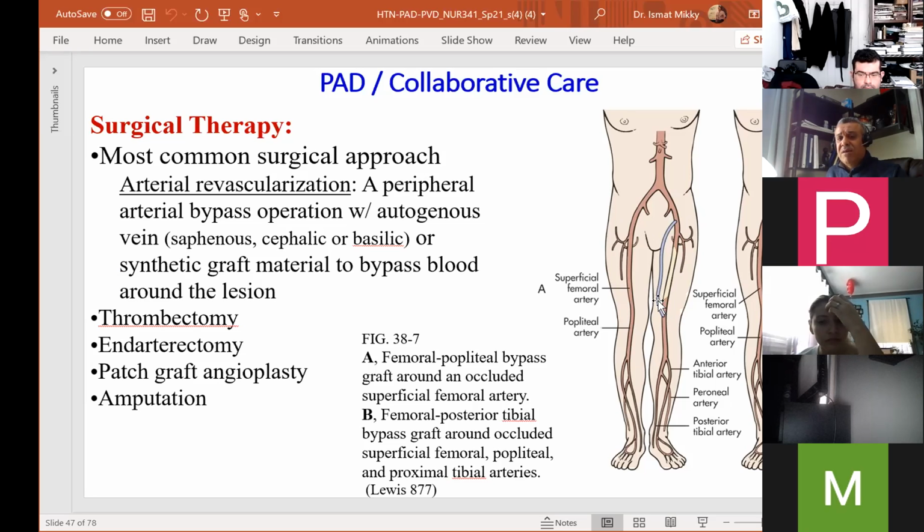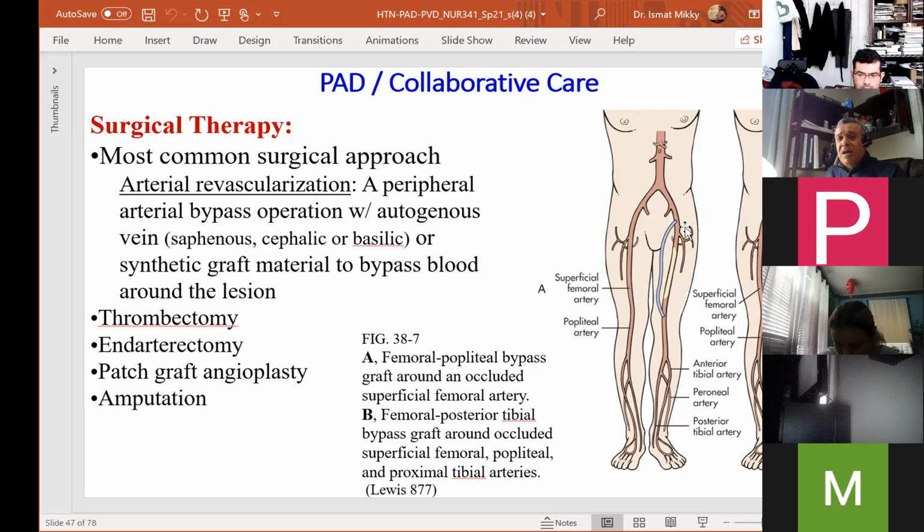You can use synthetic, or you can use the patient's own blood vessels. You can harvest the saphenous vein, a long vein in the leg that can be used for grafting. There's also the intramammary vessel in the chest, which can be harvested for grafting.